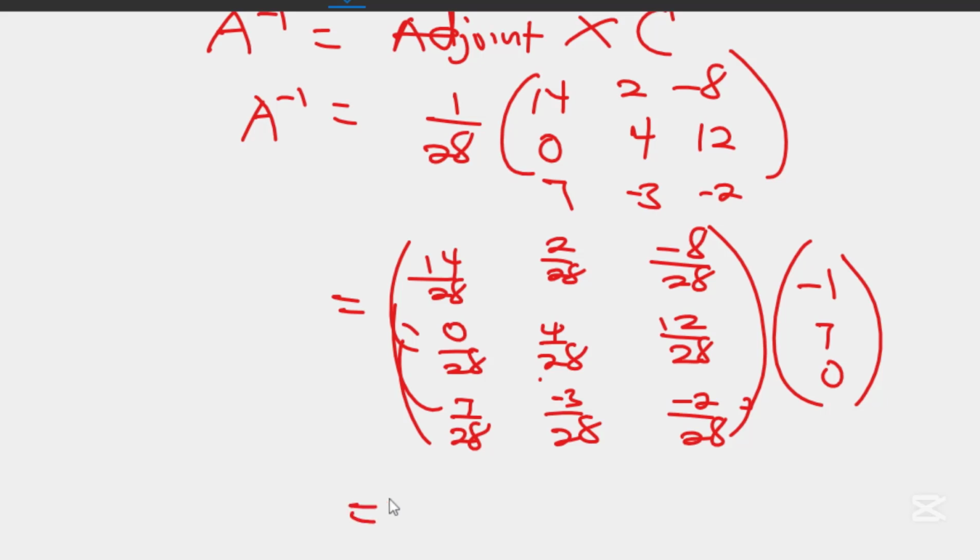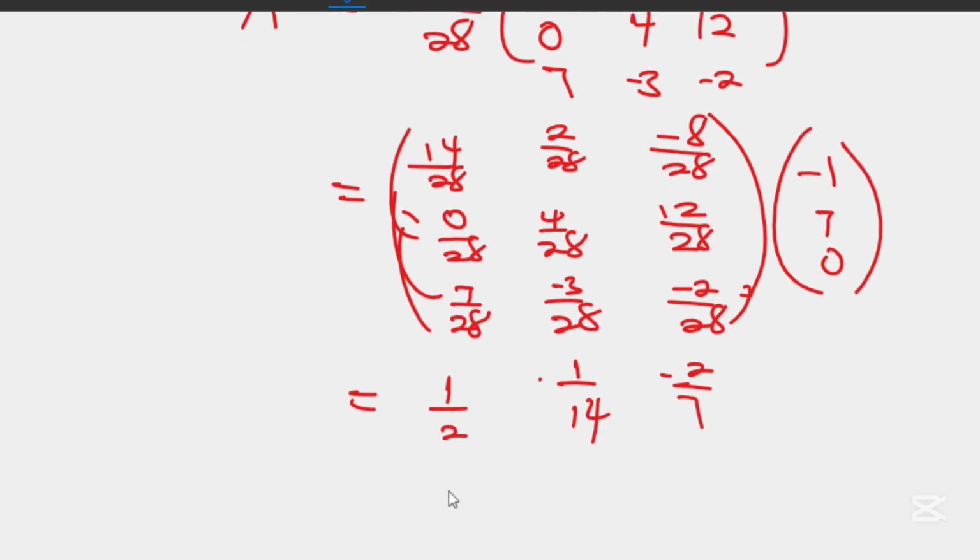So punching this on the calculator, we are going to have 14 goes into itself 1, so 1 on 2, 1 on 14, and 4 goes into 28 seven times, so negative 2 on 7.